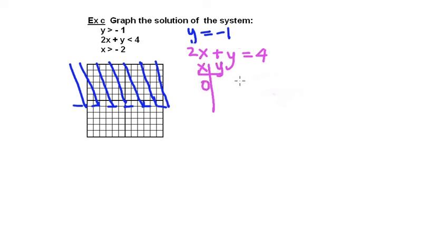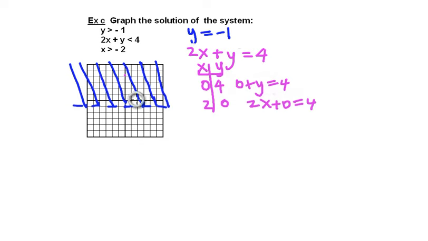When I let x equal 0, I get 0 plus y is equal to 4, and that means that y is equal to 4. And when I let y equal 0, I get 2x plus 0 is equal to 4, and dividing by 2, I get that x is equal to 2. So I have the points (0, 4) and also (2, 0).